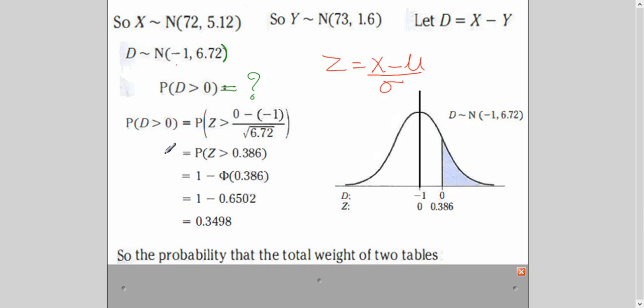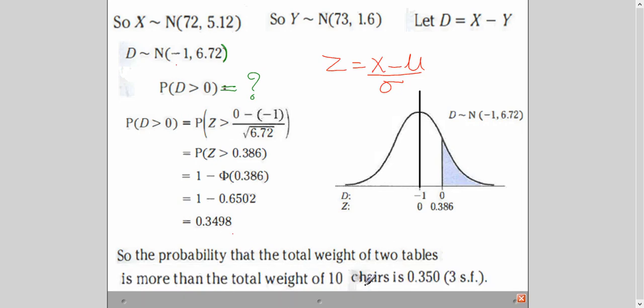If you do not know how to do this, you need to refer to the normal distribution videos which are in the description. So we are using the table and calculating the probability. So the probability that the total weight of 2 tables is more than the total weight of 10 chairs is 0.350. Right? Let's take another example.